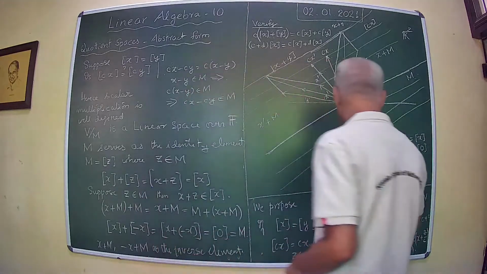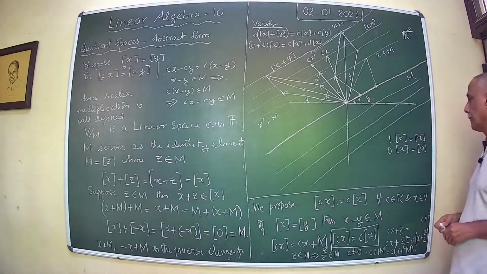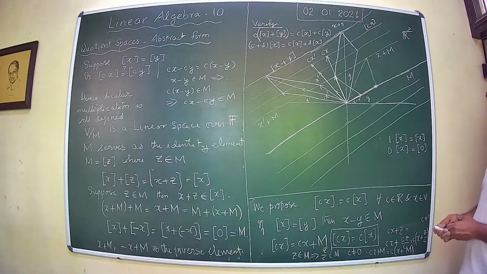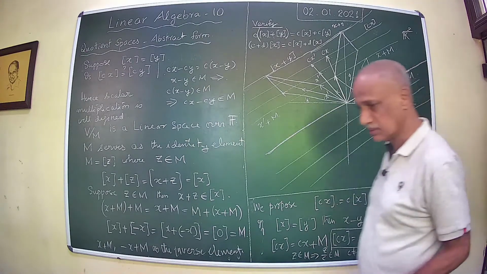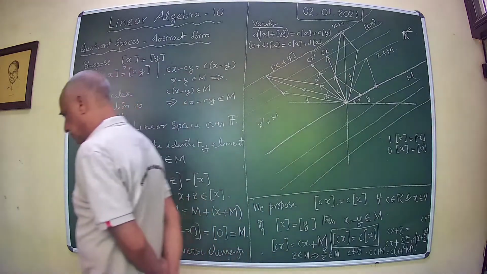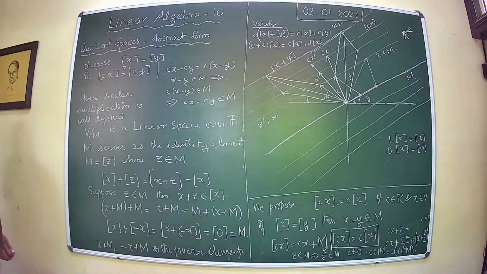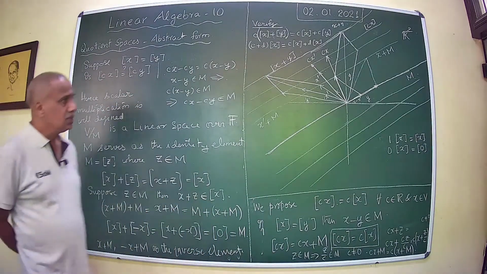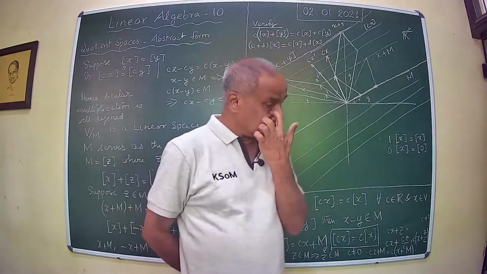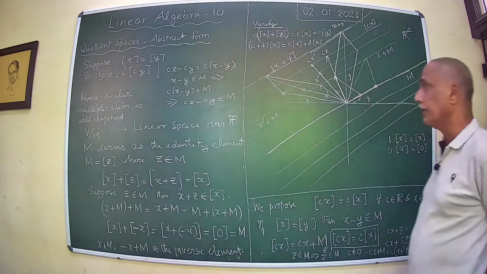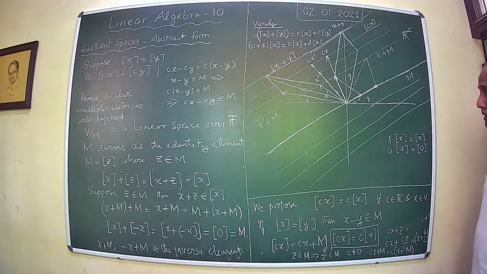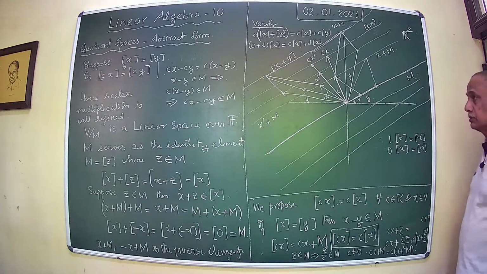That's all easy to verify, and I think I have done more or less all of these. So these axioms of the vector space are satisfied by this class of quotients.